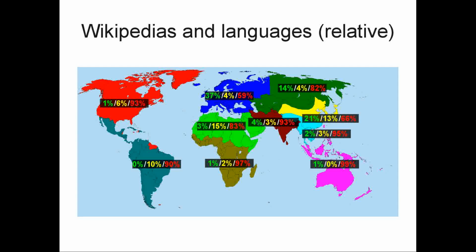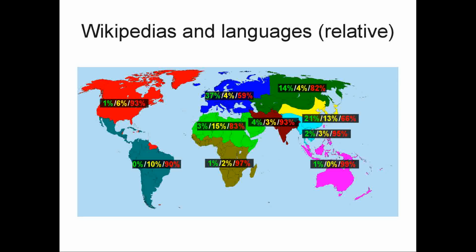Now we should take a look into the same map, same numbers, but relatively presented. What strikes again is that Europe is the best covered area of the world by number of Wikipedia languages.